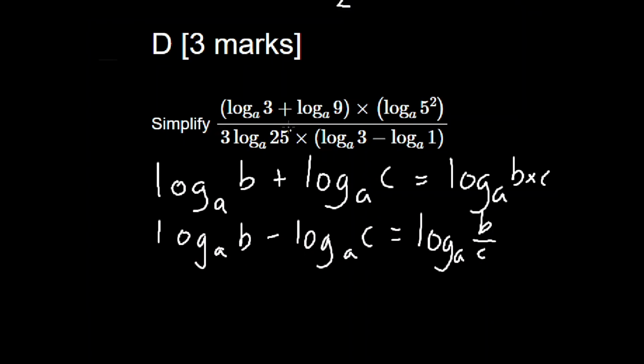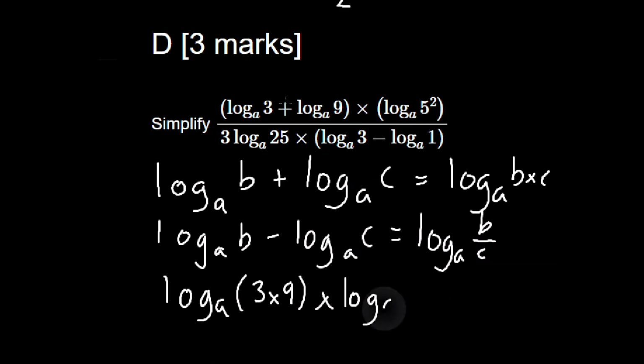So first of all, let's focus on this log a 3 plus log a 9. So that just becomes, using the first rule, log a of 3 times 9. All right, and then times log a of 5 to the power of 2.